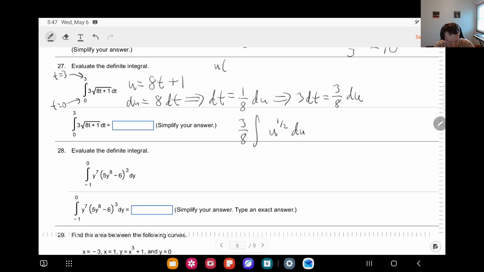So I would write it as like u of 0, because t equals 0, that's the lower bound. Right, plug that into u, we get 1. So that is my lower u bound for my new integral. And all right, we plug in t equals 3, figure out what that is in terms of u. So that is 8 times 3 plus 1, that's 24, plus 1, 25.